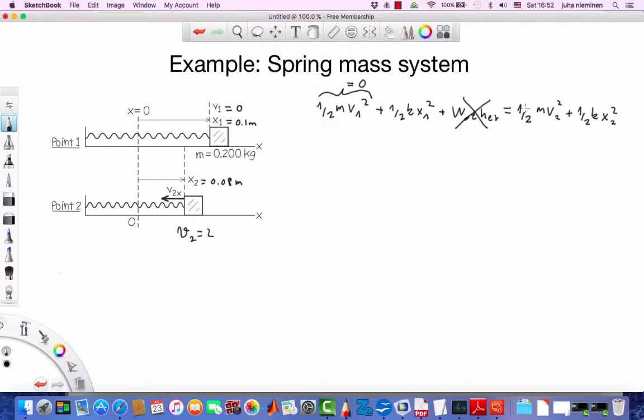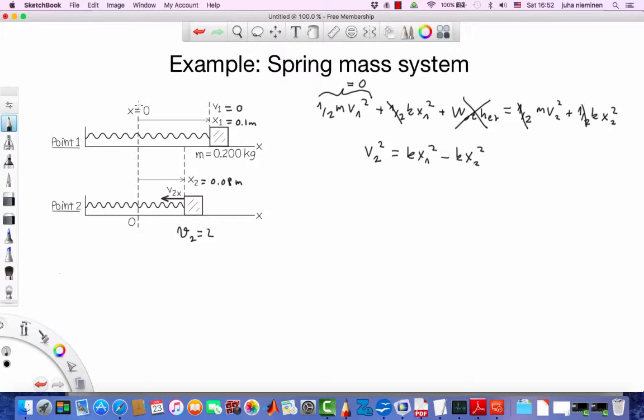So we have these halves here in each term, so they cancel, and then we get v2 squared is just k x1 squared minus k x2 squared. And before we go on, let's think about this x1 and x2. So they are always the displacements from the rest position.